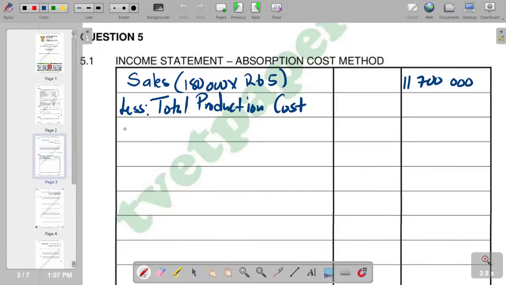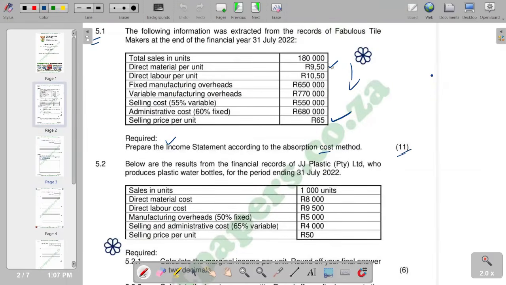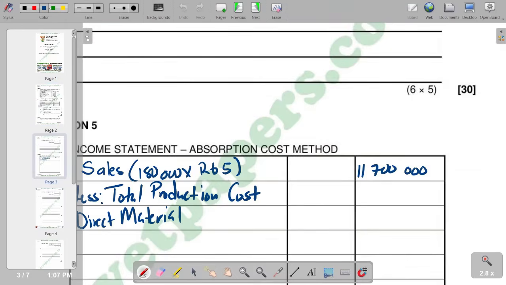So the first item is direct material. In brackets, we show the calculation: 9 rand 50 times 180,000 gives the total for direct materials, a product of 1,710,000. That's what we have on that part.